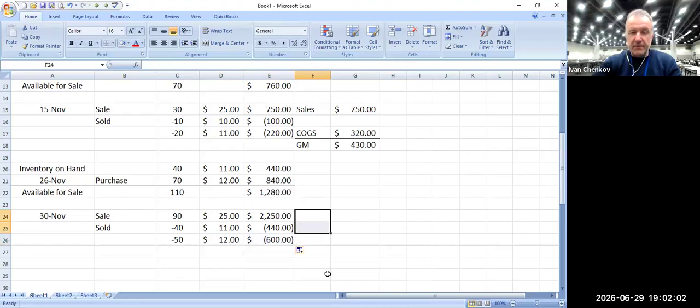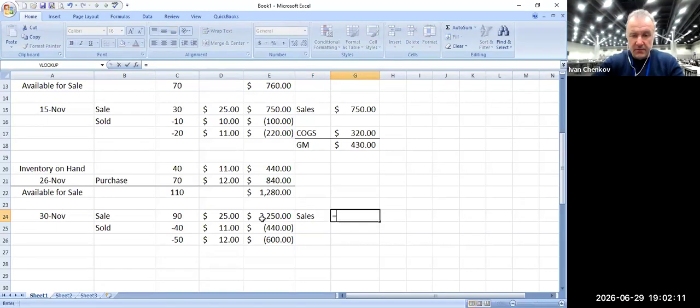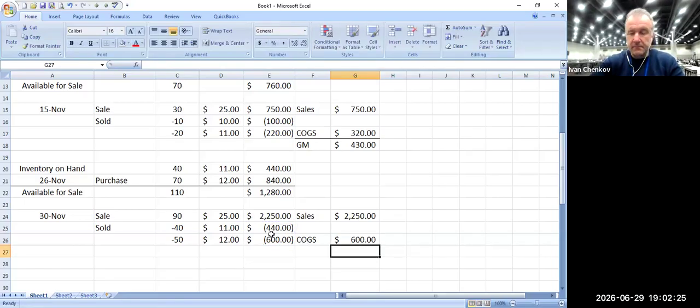Now, after this sale, we can calculate the same thing. We can calculate the sales, and the sales we already have, $2,250, and we can calculate the cost of goods sold. And how much will be our cost of goods sold? That will be those two together. $600.